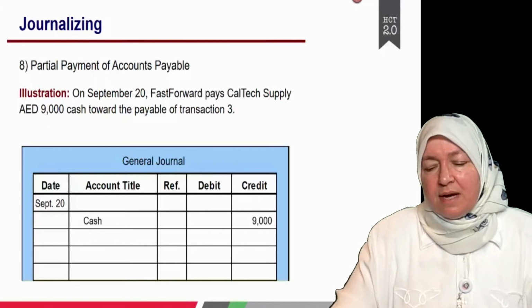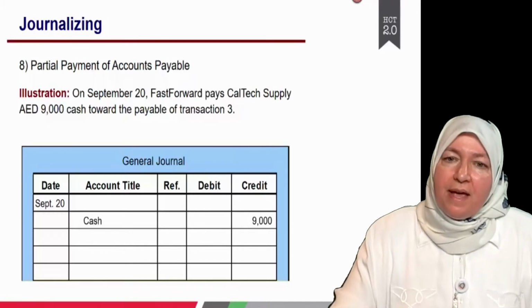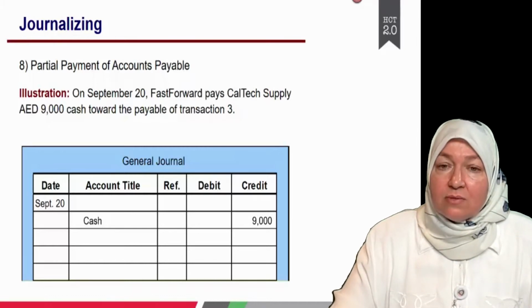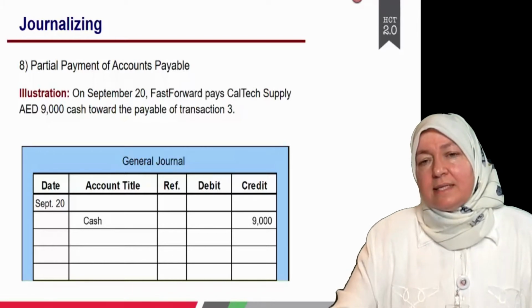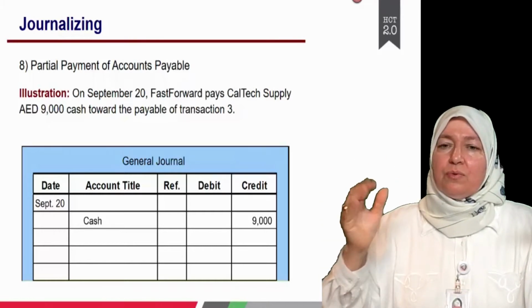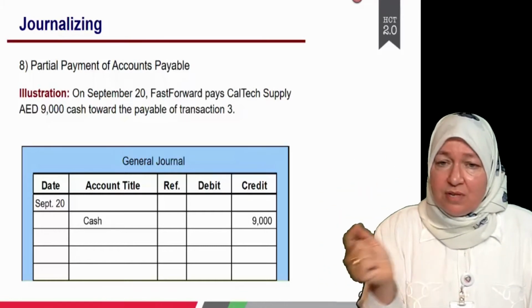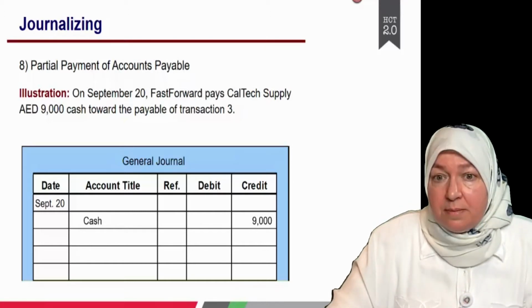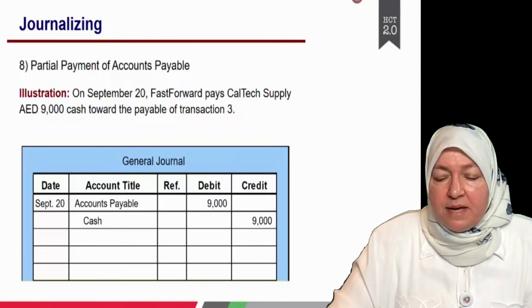So cash credit by 9,000. We are paying for the payable in transaction number 3. So it's accounts payable. Accounts payable is a liability, and liability is a credit. So if you want to pay for them, it would be decreased. So it would be the opposite, so it would be debit. So debit, accounts payable by 9,000.